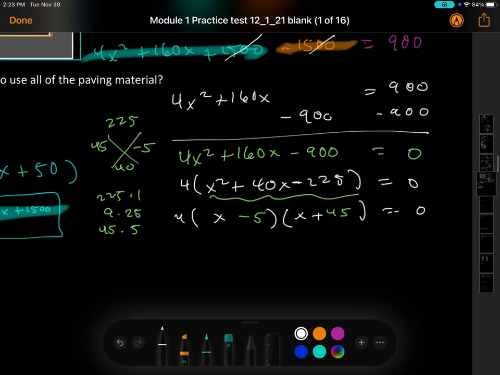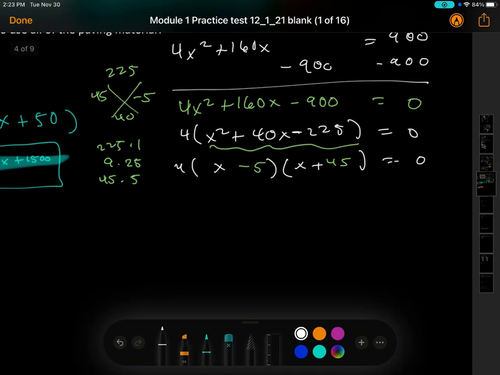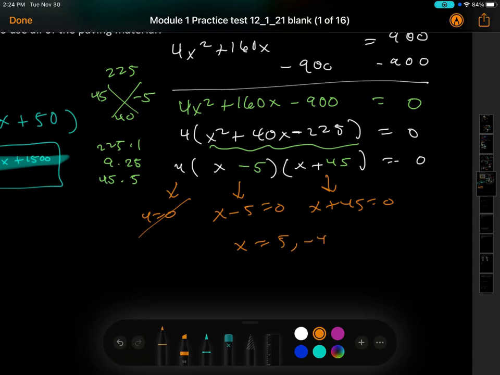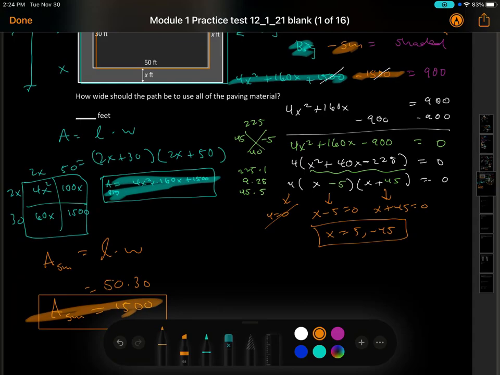Okay, then I just solve it by setting it equal to 0. So x equals 5 and negative 45. But, you know, you can't put in negative 45 feet into your equation.